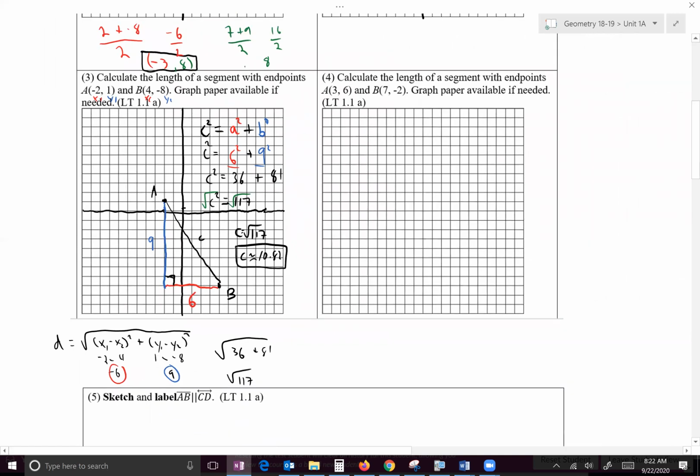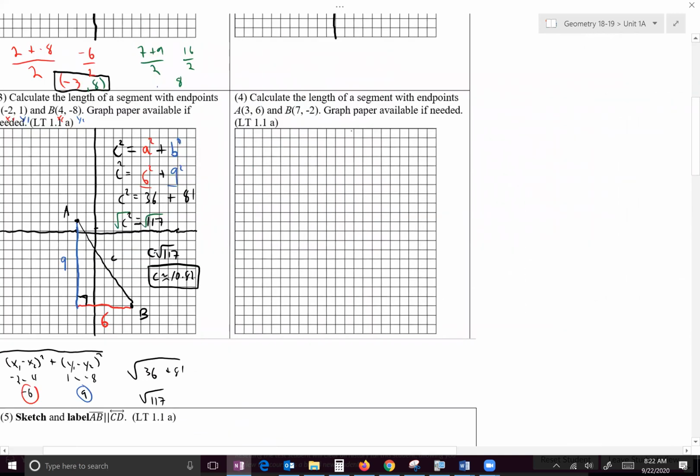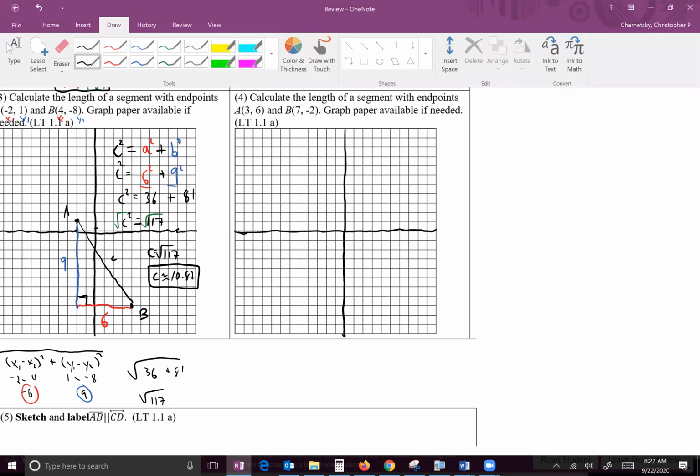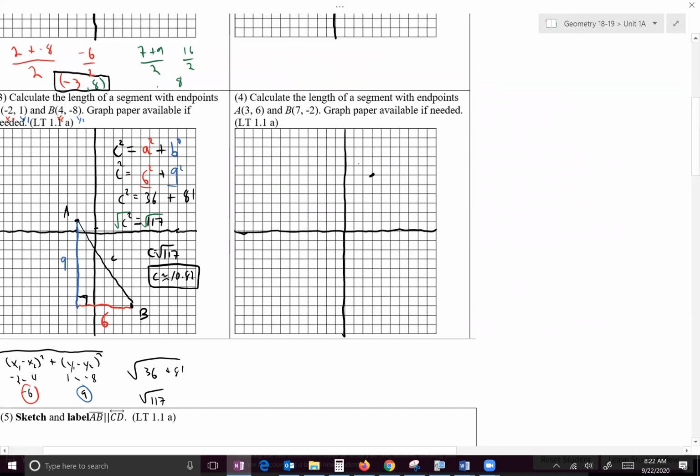All right, let's do another one real quickly. So go ahead and plot our points. 3, 6. That's A. B's at 7, -2.